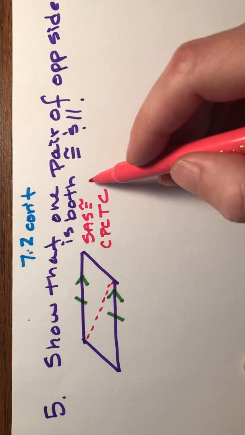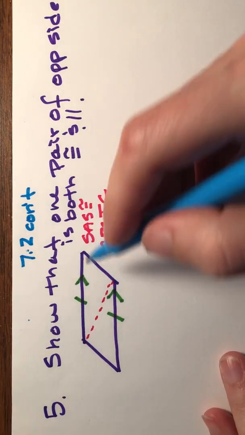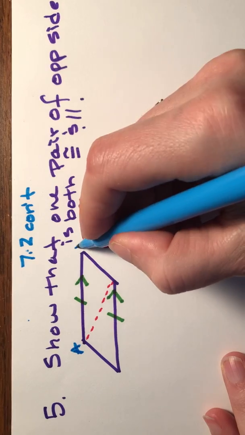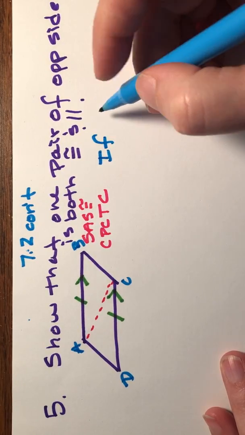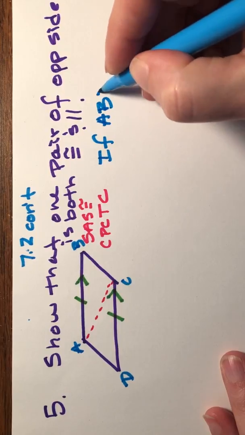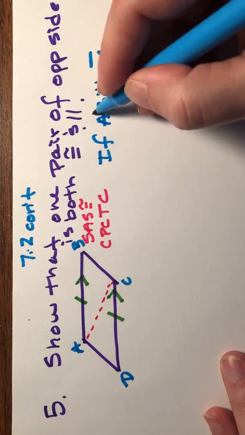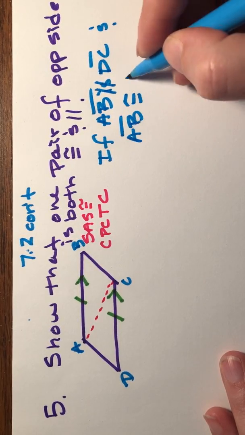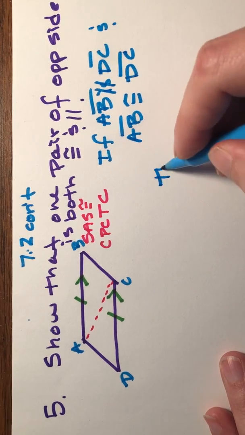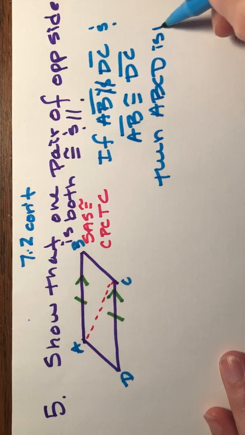But for our purposes, it's enough to say: A, B, C, D. If AB is parallel to DC and AB is congruent to DC, then ABCD is a parallelogram.